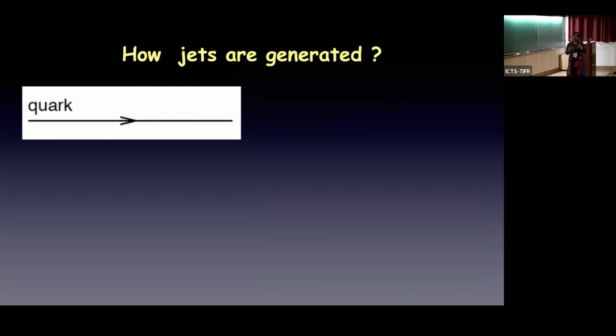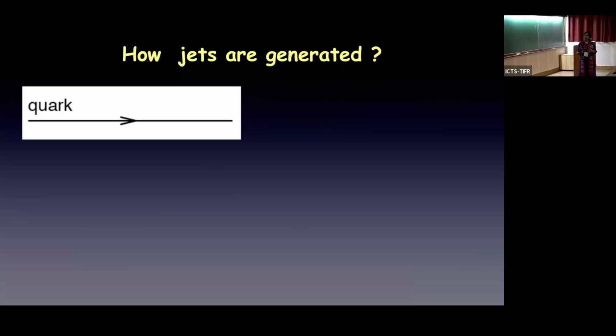Now let's see how the shape of the jets is generated. As strong interaction has asymptotic freedom, that is, at higher energy range, your strong coupling constant becomes weak, and because of that, your quarks or gluons for a while can enjoy their individuality, so they branch into small partons until the strong force sets in and they are forced to hadronize.